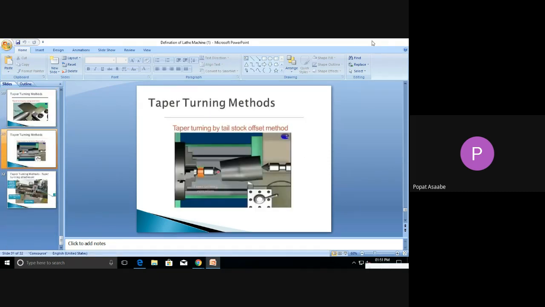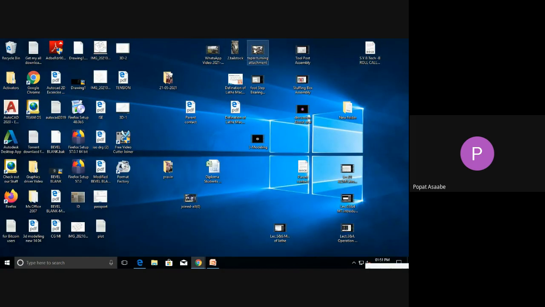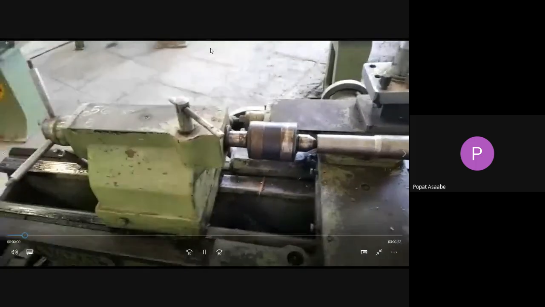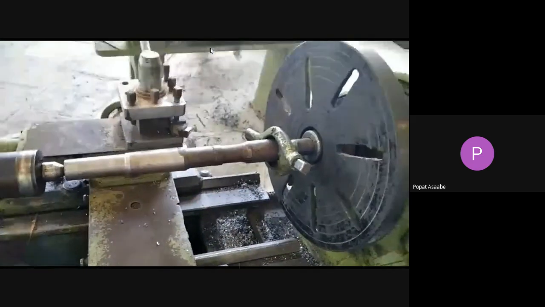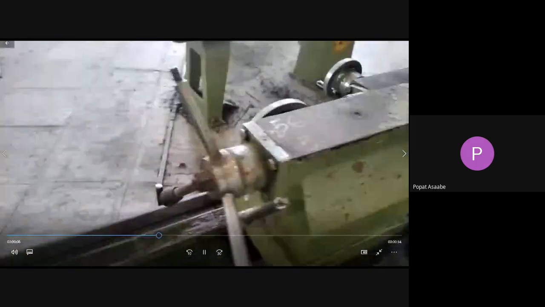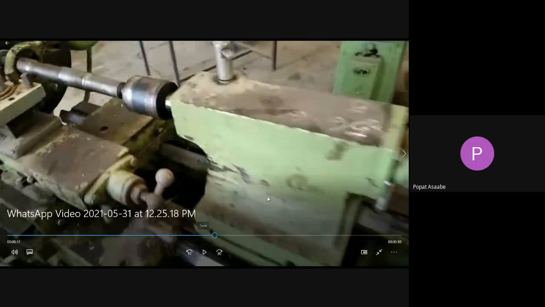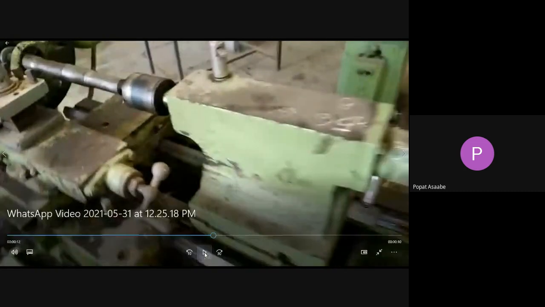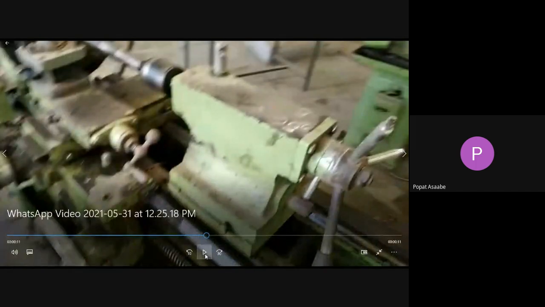Just 1 minute. See here. This is your tailstock. Sorry.